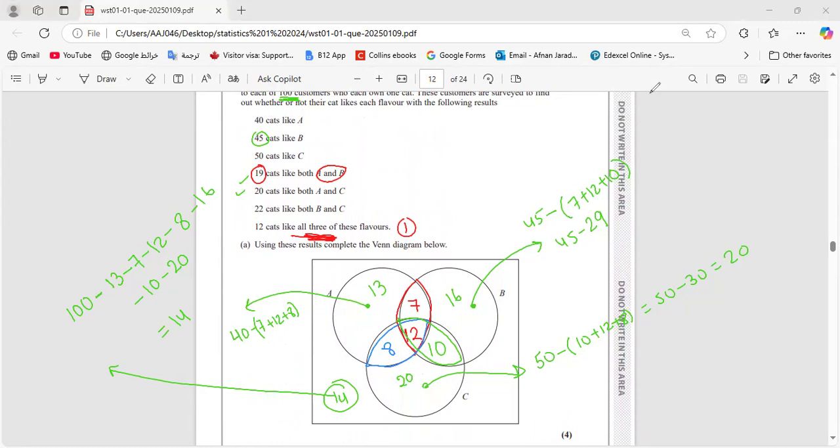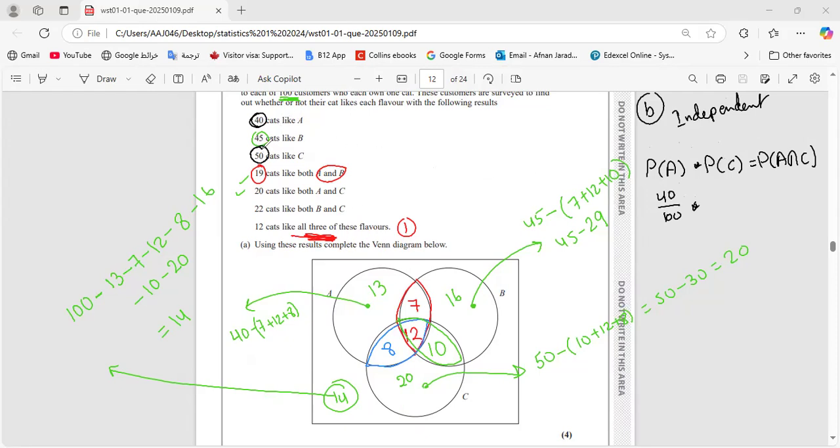Okay, so the meaning of independence between A and C: probability of A multiplied by probability of C equals probability of A intersect C. So what is the probability of A? All what's inside circle A, which is 40, divided by all, which is 100, multiplied by probability of C, which is all what's inside circle C, which is 50, divided by 100.